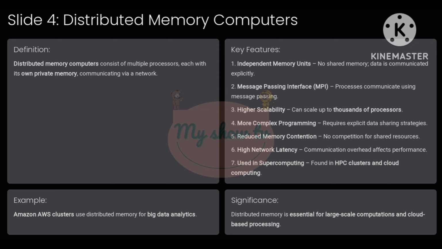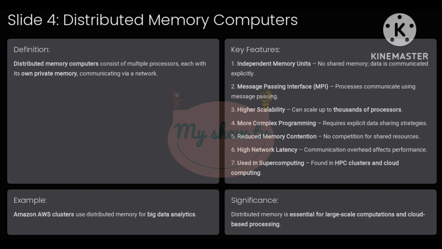5. High efficiency for large systems. These architectures optimize computation for large-scale applications such as climate modeling and deep learning. 6. Scalable and high performance. Hybrid systems provide the best of both worlds, ensuring low latency and high computational power. 7. Customizable for workloads.